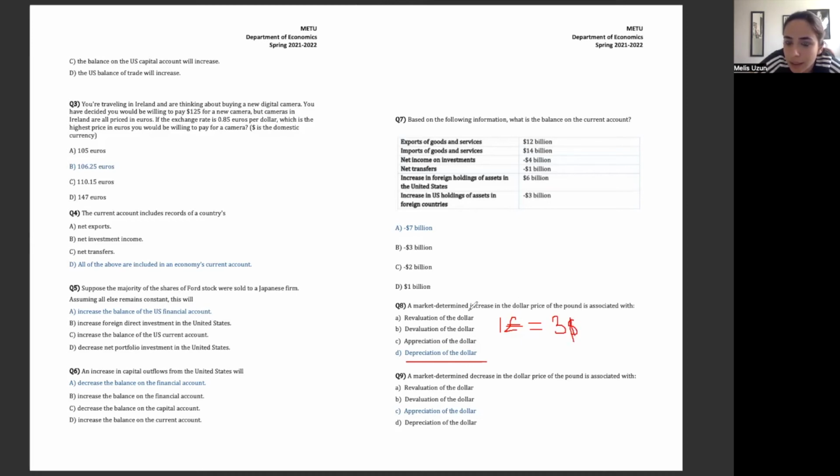It says there's an increase in the dollar price of the pound, so it is $5 now. It increased. It is the same thing. So that means there is a depreciation of the dollar. A market determined decrease in the dollar price of the pound is associated with the opposite, the appreciation of the dollar.